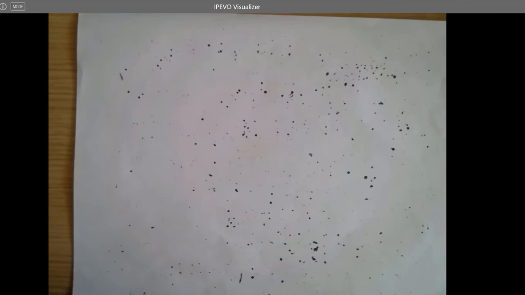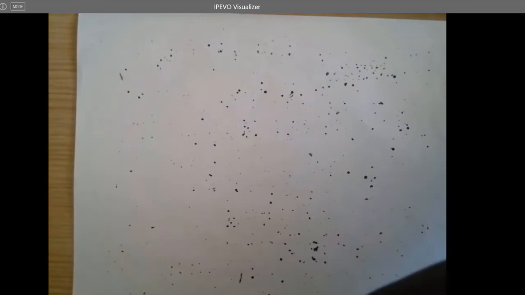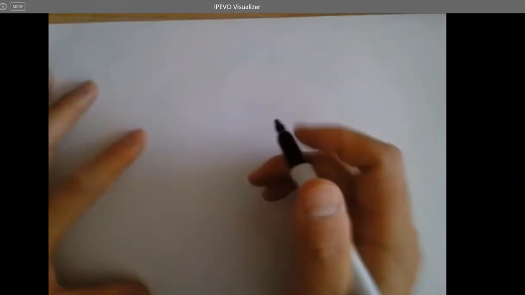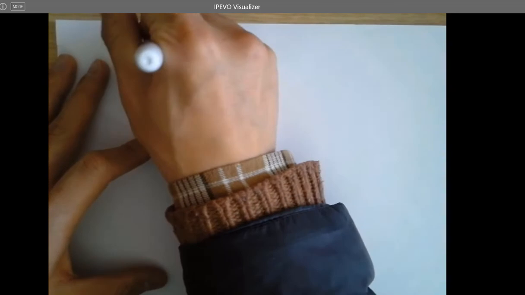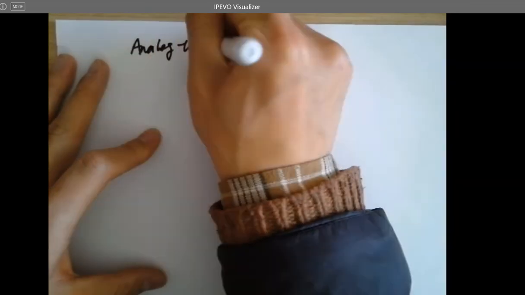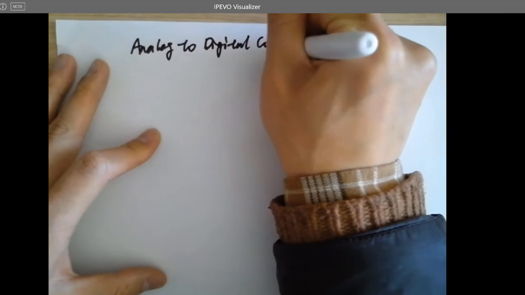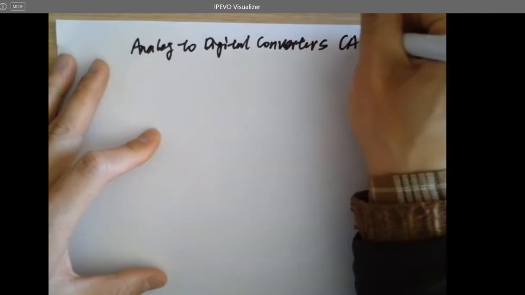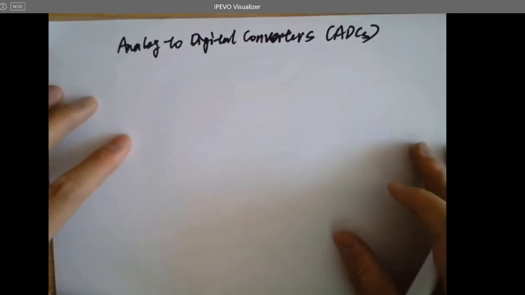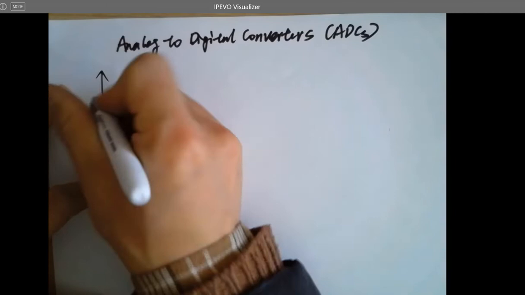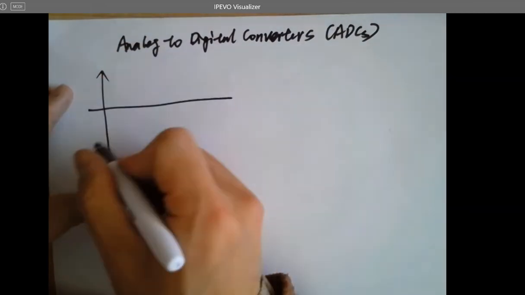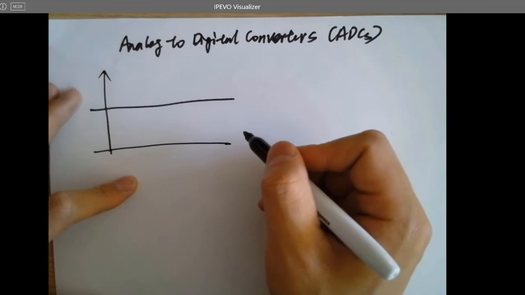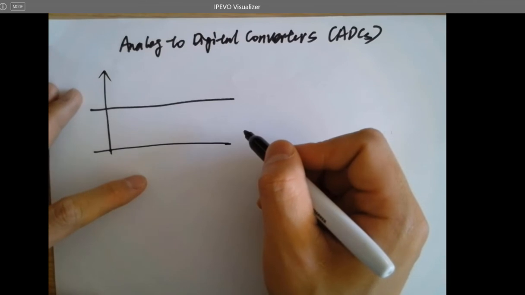Let's look into the ADCs really quick. Very interesting structure. So ADCs convert analog numbers to digital numbers, right?